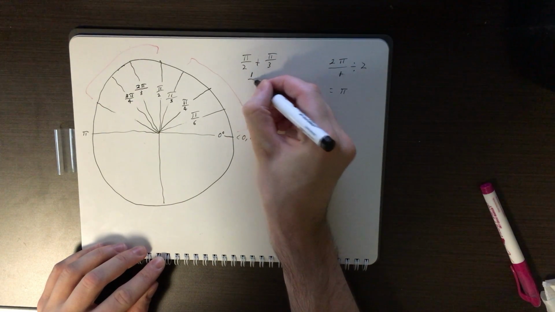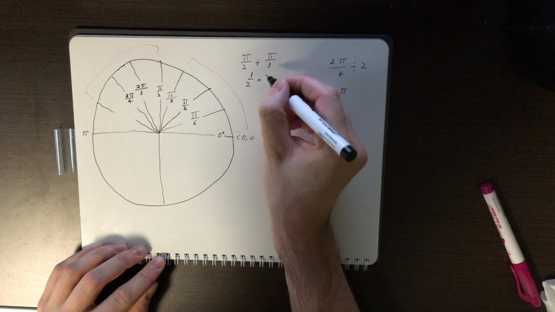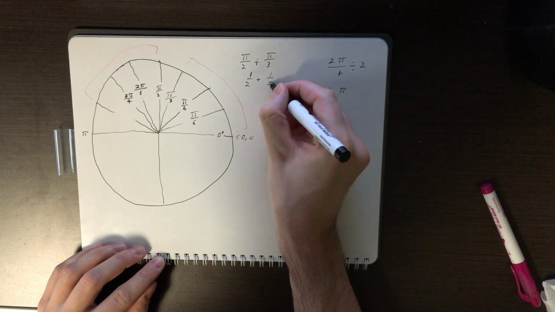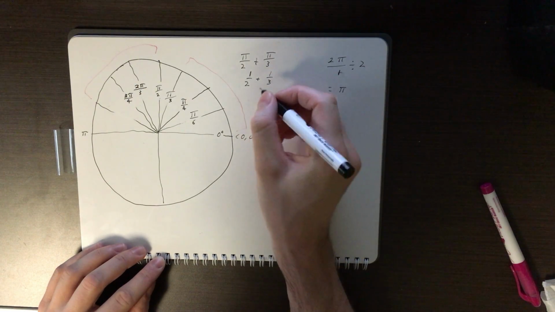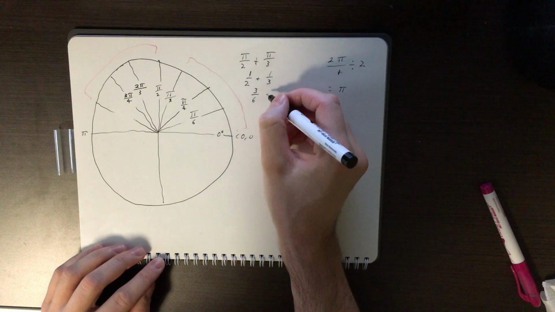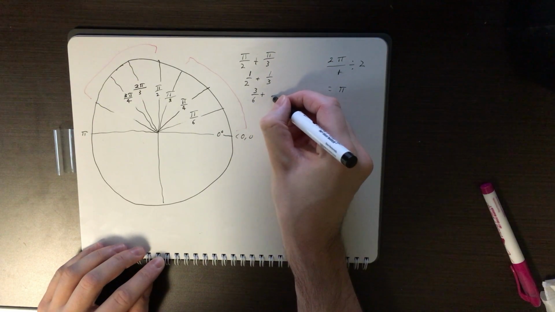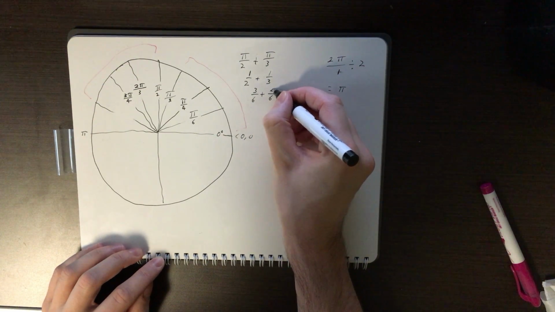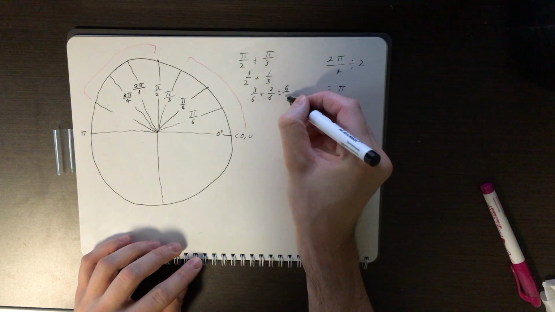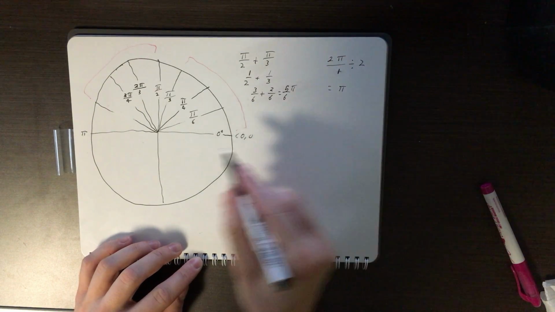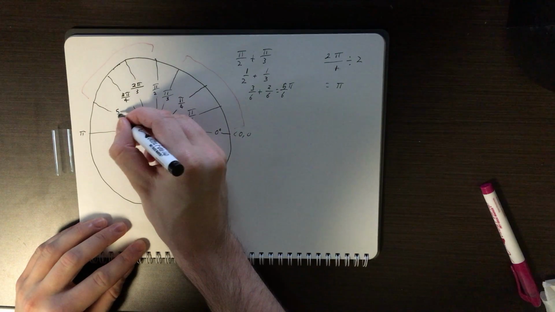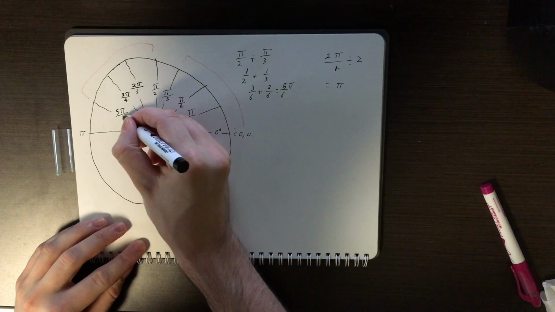Ignoring the pi's, we'll have 1/2 plus 1/3. Then find the lowest common denominator, so we'll have 3/6 plus 2/6, and that simplifies to 5/6. Tack on the pi at the end. So now we have this as 5/6, or 5 pi over 6.